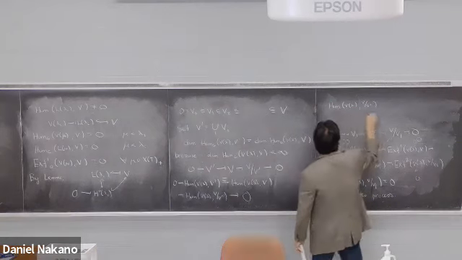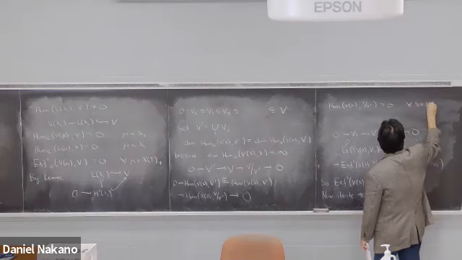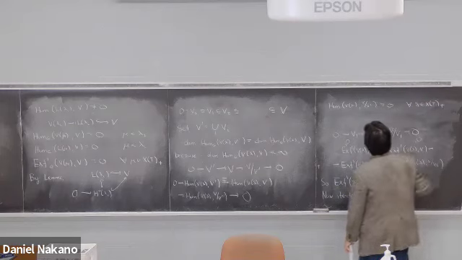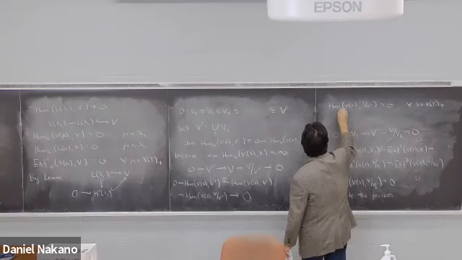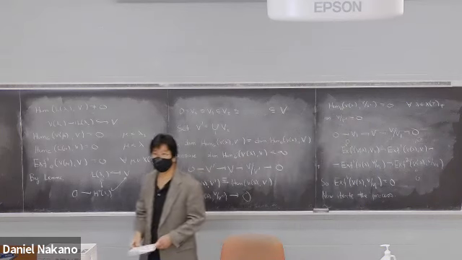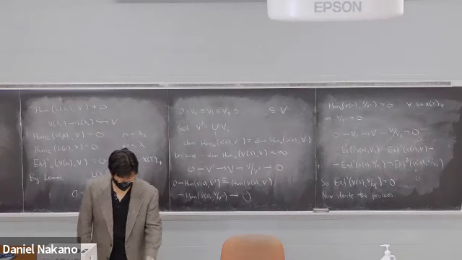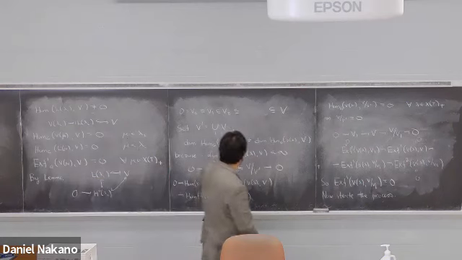So whenever this is 0 for every single weight, this implies that V over V prime is zero.